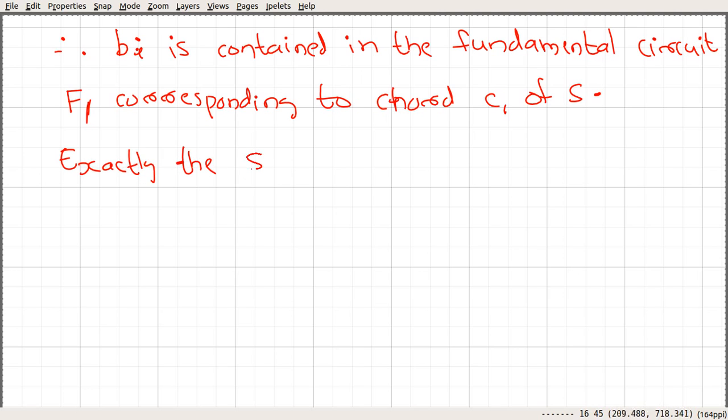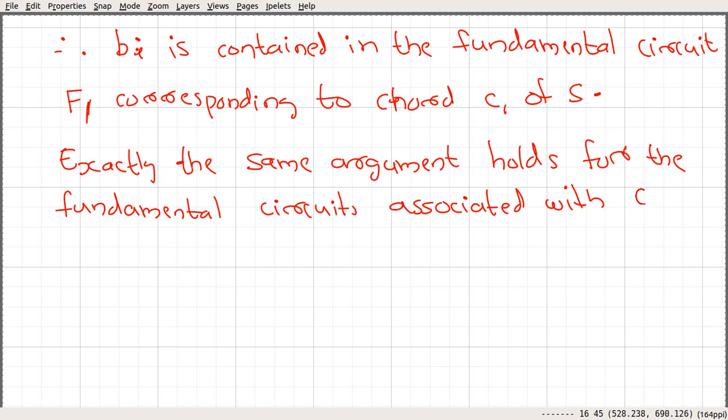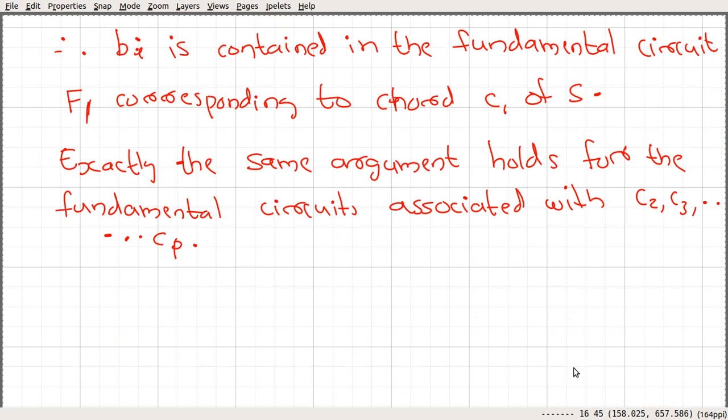Exactly the same argument holds for the fundamental circuits associated with C1, C2 up to CP.